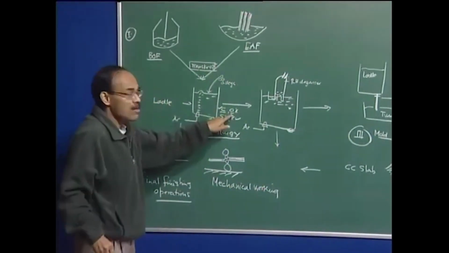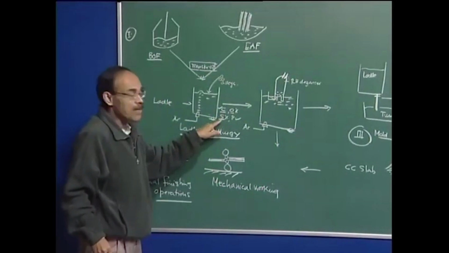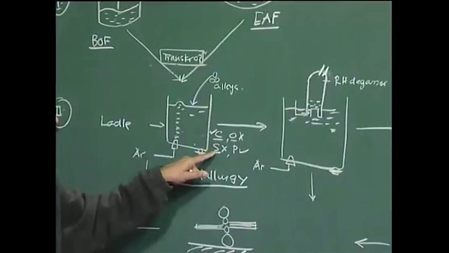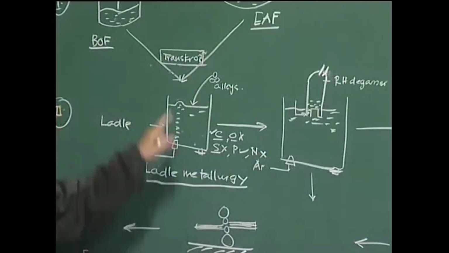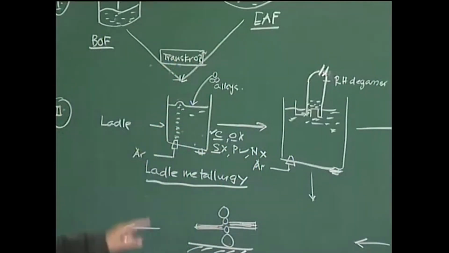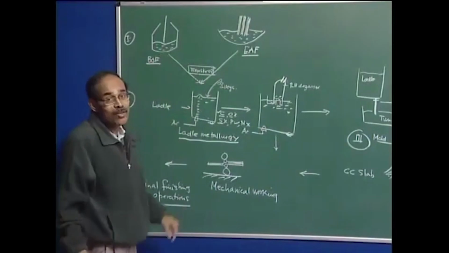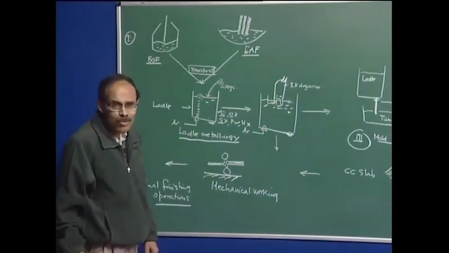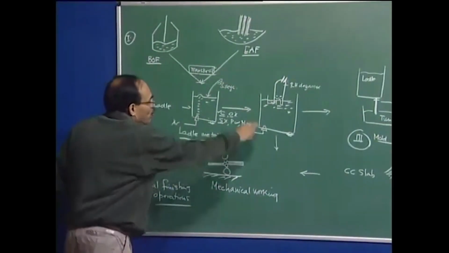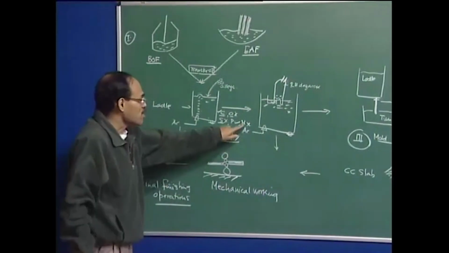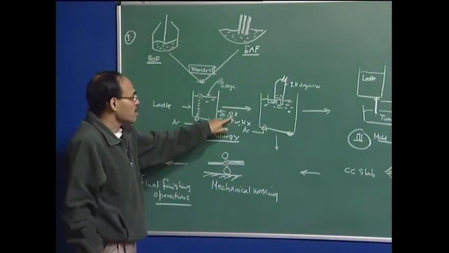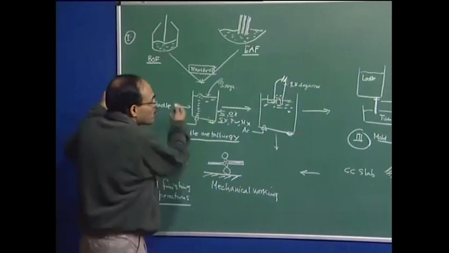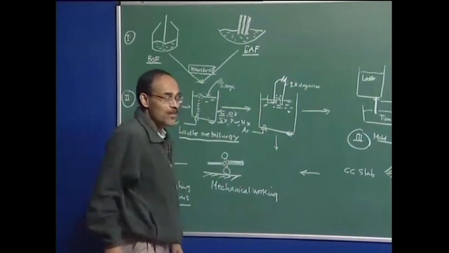So it will require further treatment, because we have to get oxygen right, we have to get sulfur right, and maybe nitrogen is also not right, because nitrogen has been picked up in the transfer operation. The steel which has come out is not the final steel that we want, it is a crude steel. It will require a variety of refining processes. Some gaseous species have to be removed, some further refining has to be done, oxygen has to be removed, and so on. So a variety of ladle metallurgy processes would be necessary.